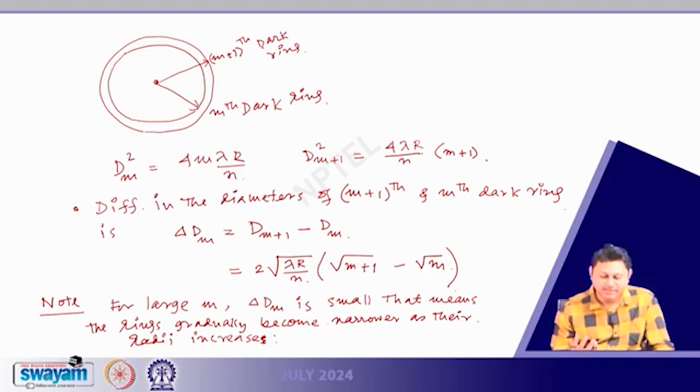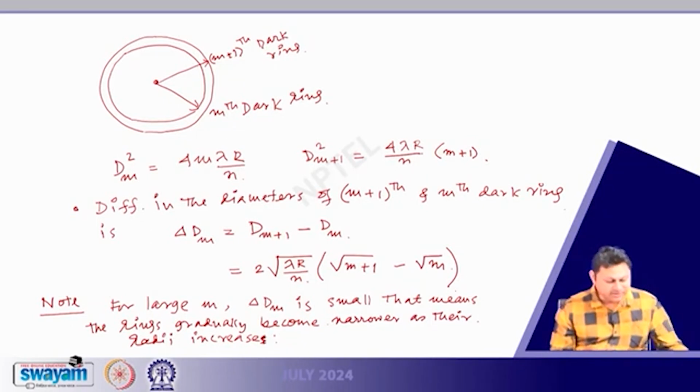So in the ring structure, there are many ring patterns available in the superposition of two lights in different systems. You can also see there is the Michelson interference problem, where we also have a circular fringe pattern. Here also we find circular fringes, but the identity of this kind of fringe is this quality, that if delta dm is small, then the rings gradually become narrower.